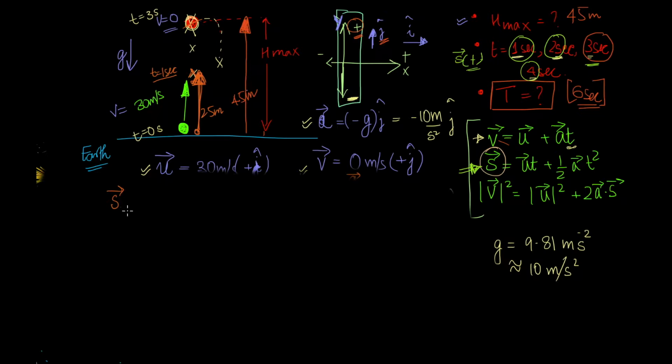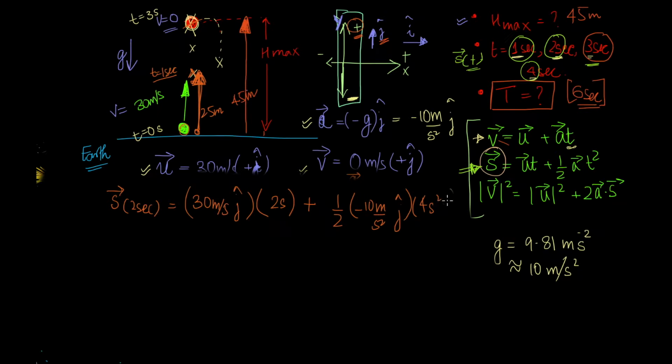Let's do that quickly. S of 2 seconds, again, would be, well, 30 meters per second, because that's the same initial velocity, j cap, always, times, well, 2 seconds, plus half of acceleration, which would be negative 10 meters per second squared, and j cap right there, and t squared would be 4 seconds squared, because 2 times 2 is 4.